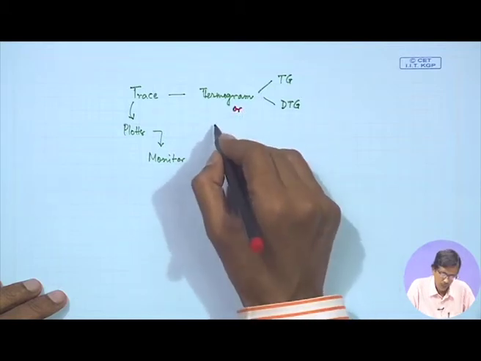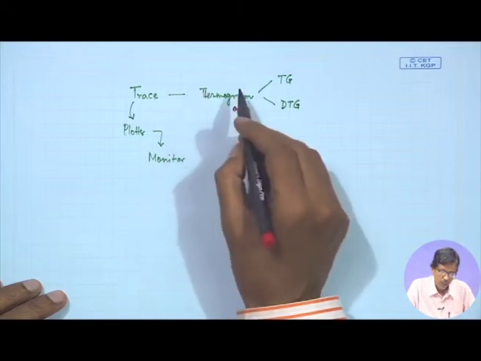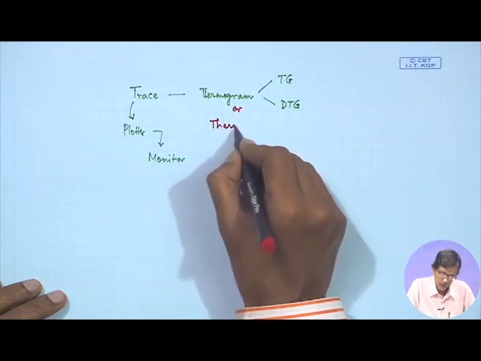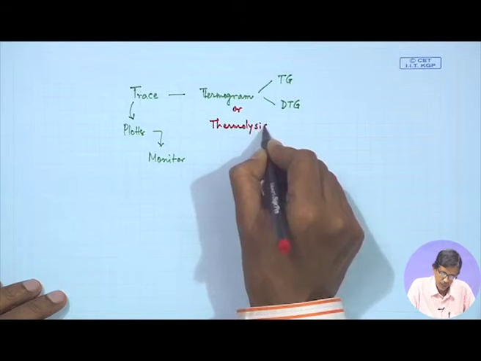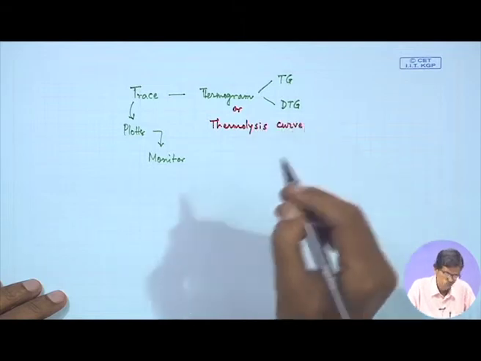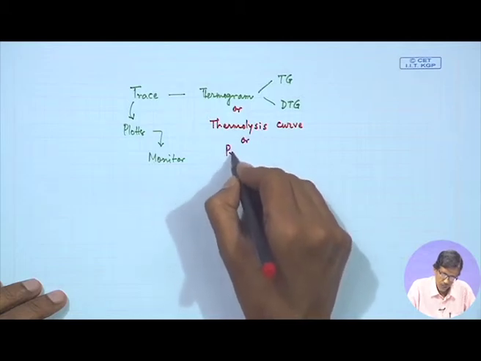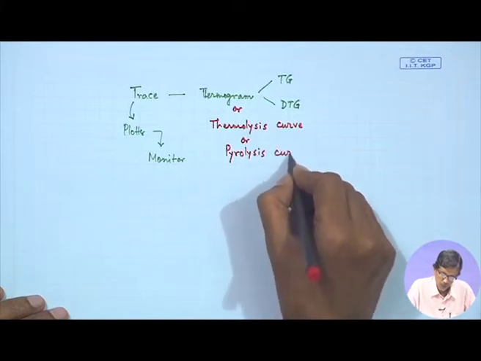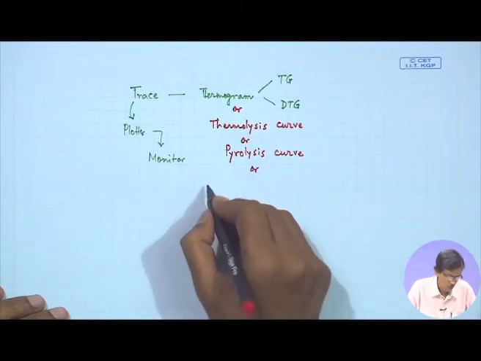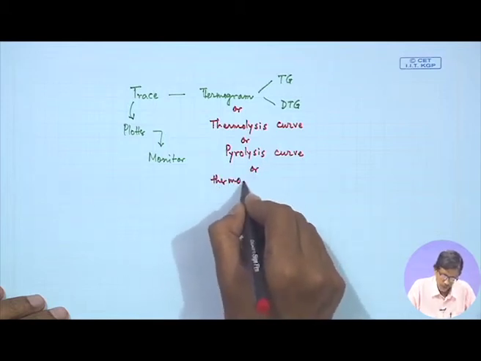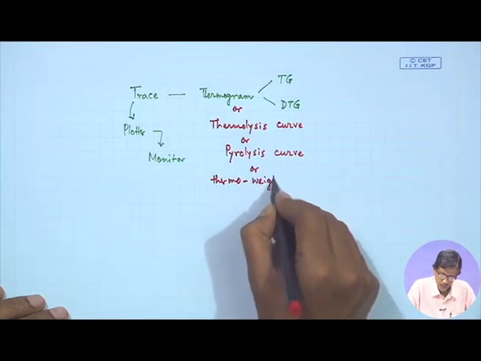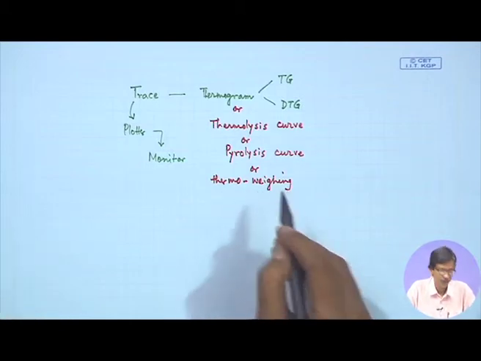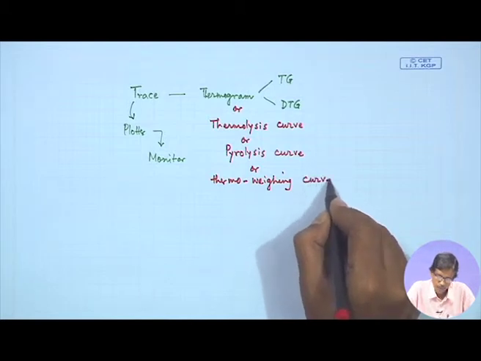Because we are talking about decomposition in terms of temperature rise, it can also be known as a thermolysis curve, or if we see that pyrolysis is taking place, it will be a pyrolysis curve also, or a thermo weighing curve, because ultimately we are seeing the temperature effect on the sample by weighing in a thermobalance. So, thermo weighing curve.